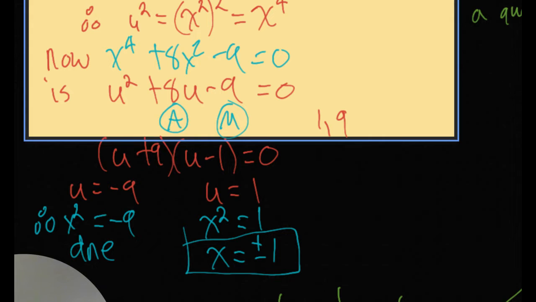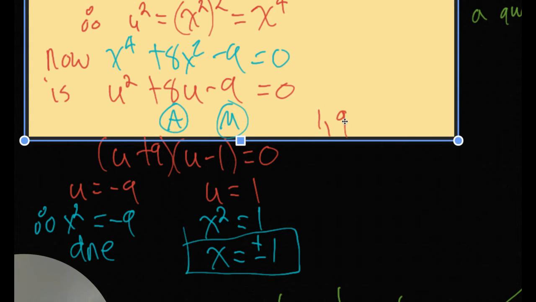So let's see here. What I'm going to do then is go through this and factor it. So I need to get two numbers that multiply to -9 and add to 8. When these two numbers differ by 1, not considering the signs, 1 is going to be one of the numbers, because 1 times 9 is 9.